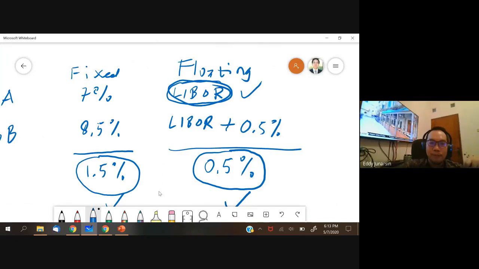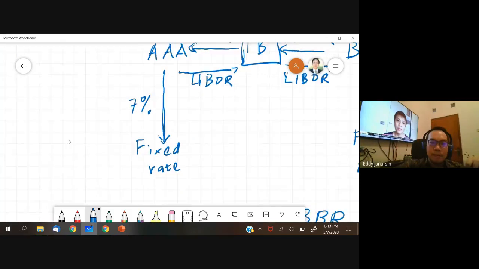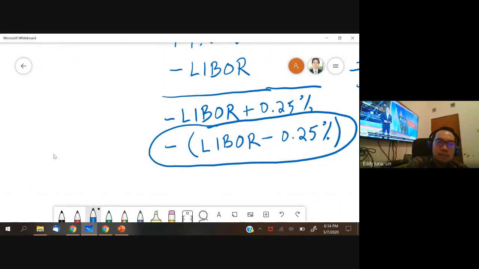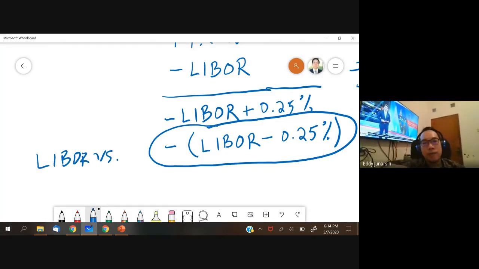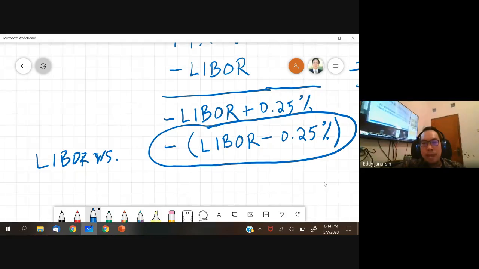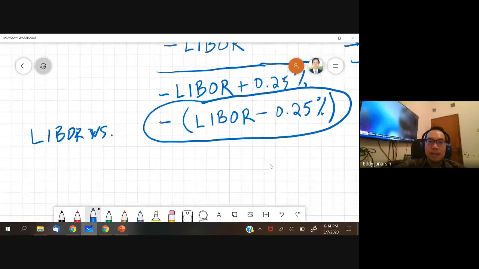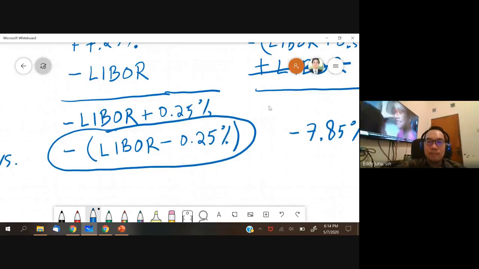Even the AAA is better off, because if it issues its own floating rate debt, it will have to pay LIBOR rate per year. Right? But now with a swap contract, it will have to pay LIBOR minus a quarter percent. Better off, right?